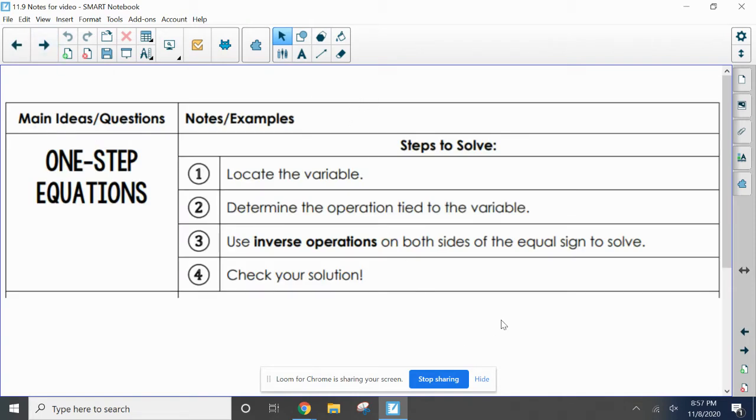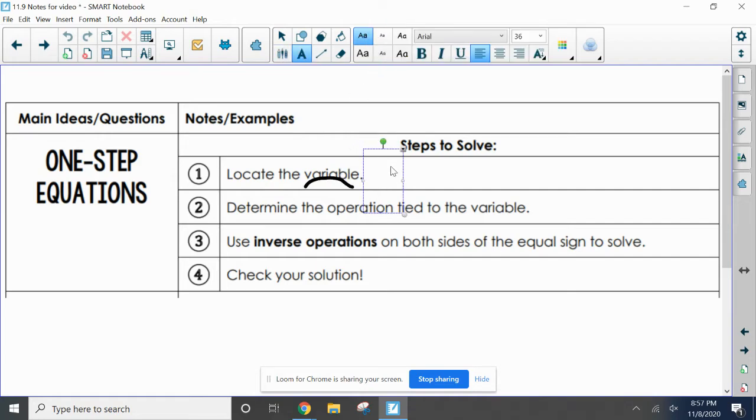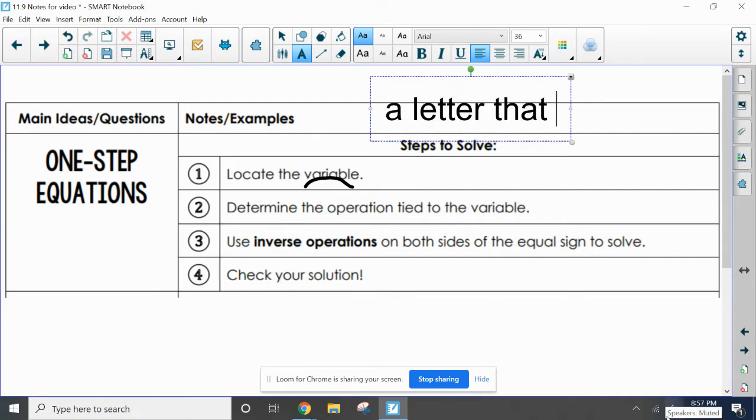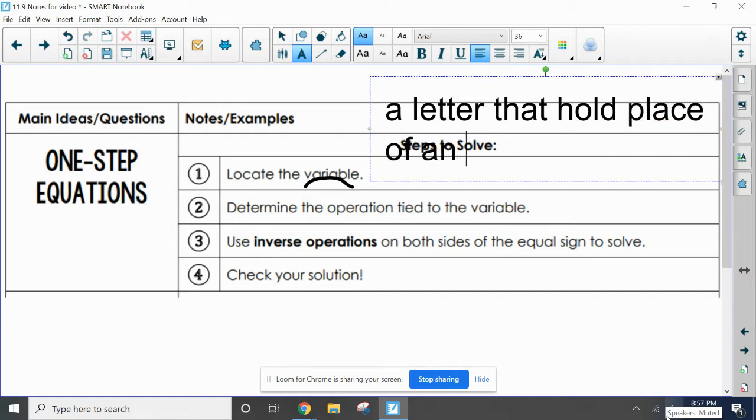So let's get started. These are our steps in order to solve a one-step equation. You'll locate the variable. We know that a variable is a letter that takes the place of a number. You want to underline that and draw an arrow or something and put: a variable is a letter that holds the place of an unknown number.